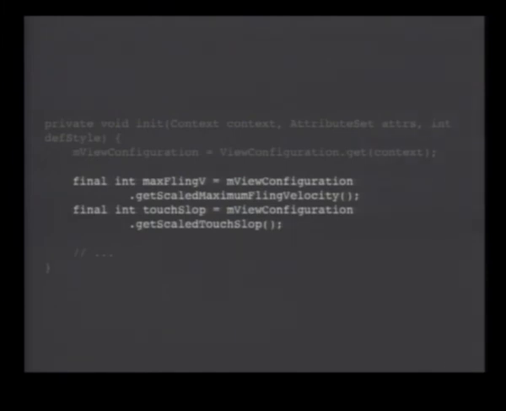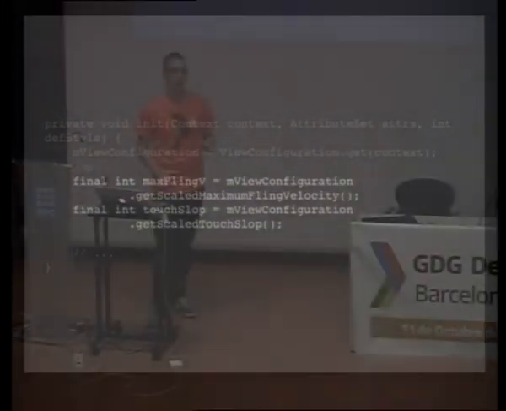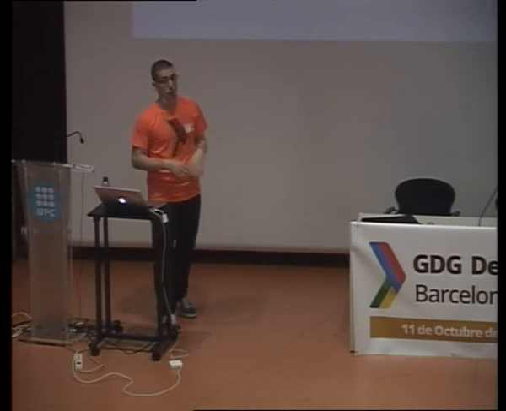You can also get the scaled touch slop or the friction and stuff like that. So everything is available publicly in the ViewConfiguration class. So when you are creating a custom view, do not hesitate to use the ViewConfiguration class because this will ensure that the behavior of your custom view is consistent with the platform.